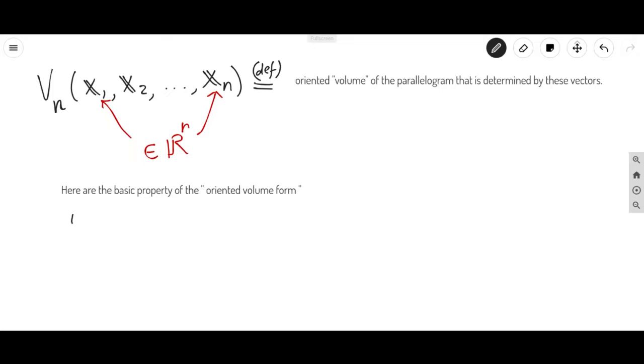So the first property that we mentioned was that this is called the scalar multiple property. It basically says in words that if a single vector is multiplied by a scalar, then the scalar can be factored out.